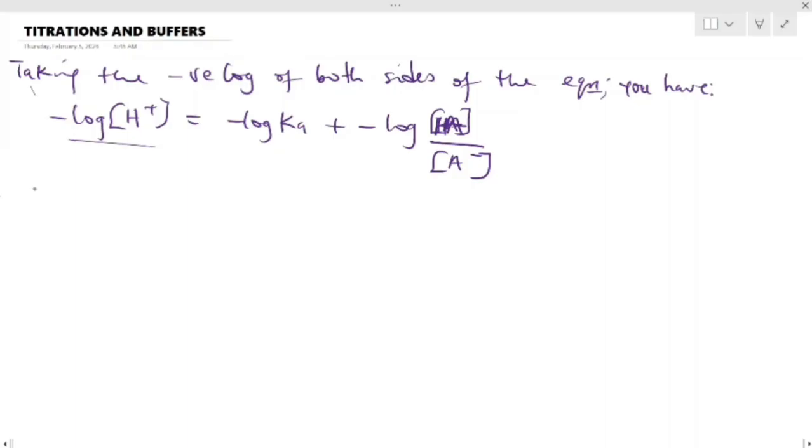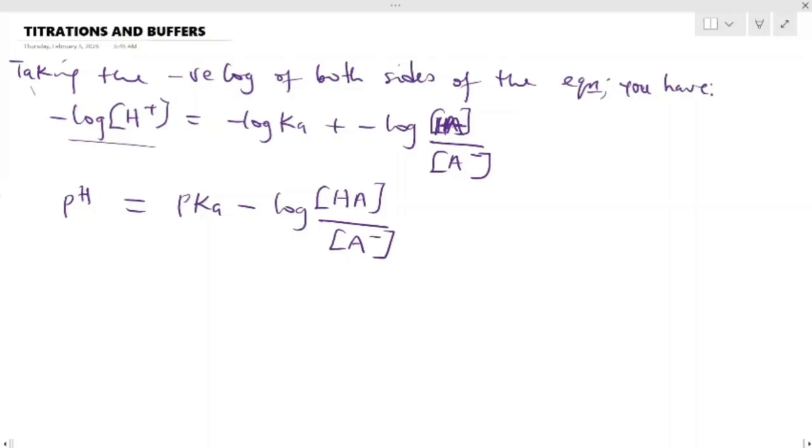So if we rewrite that with pH in mind, we'll have pH equal to negative log Ka, which becomes pKa. Remember, in our previous lesson, it could be p of anything, minus log of the concentration of HA divided by the concentration of A minus.